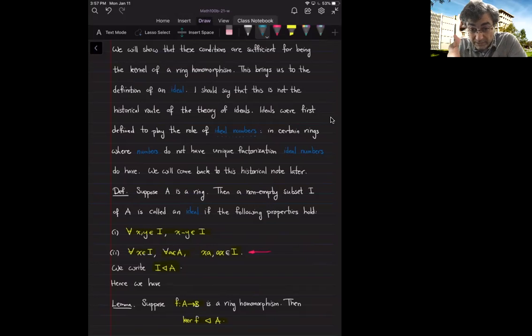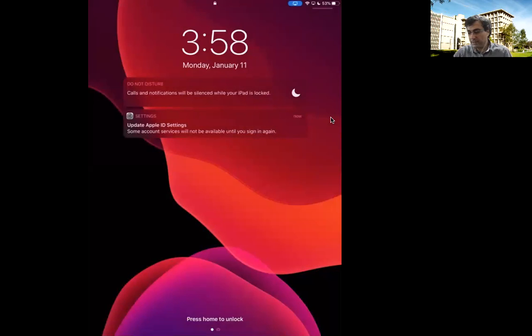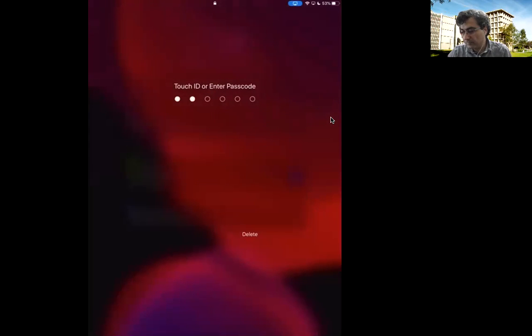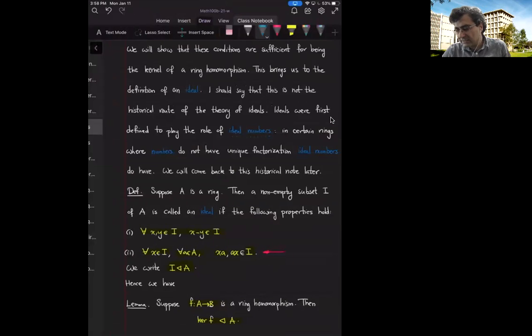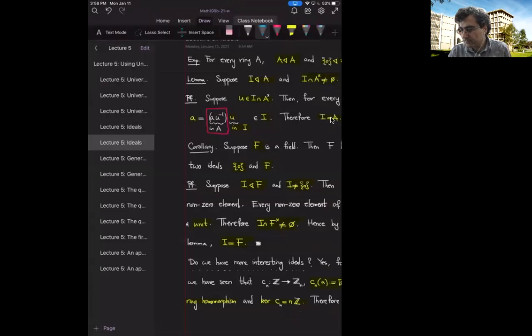So the way that we defined it and how we got to this definition, it's not surprising to see the next lemma: if f is a ring homomorphism, then its kernel is an ideal. And that gives us a way of getting lots of ideals. But let's see some concrete examples.